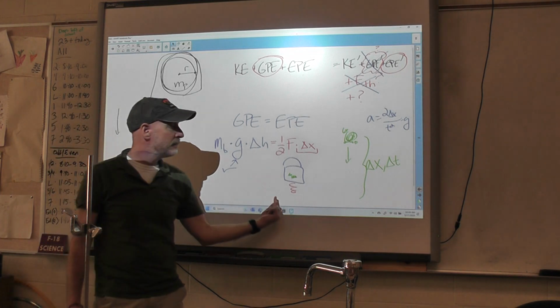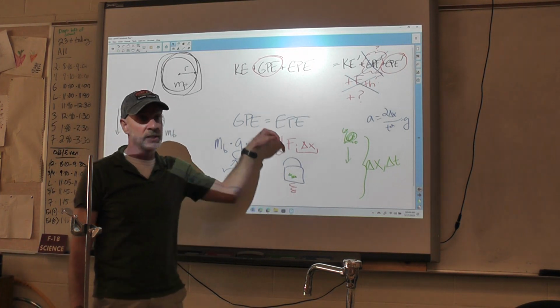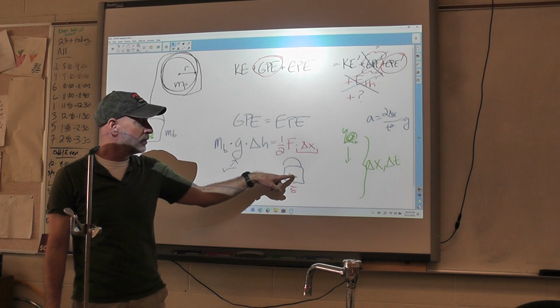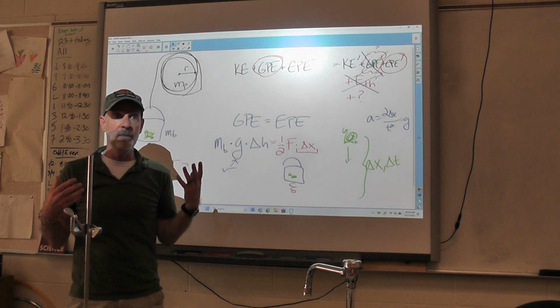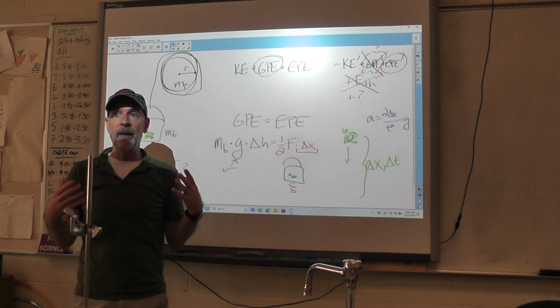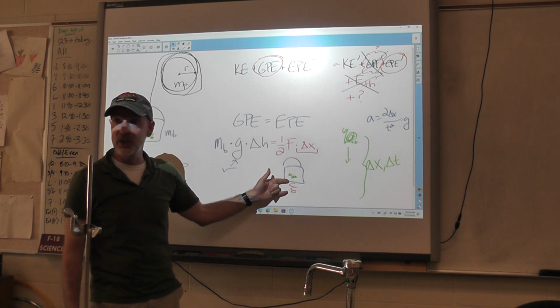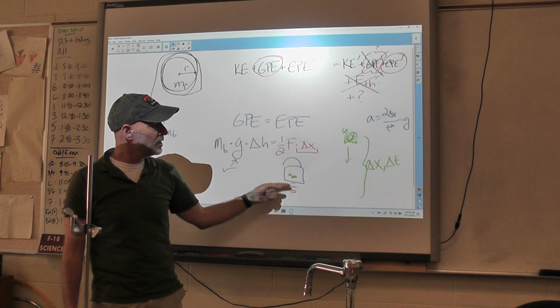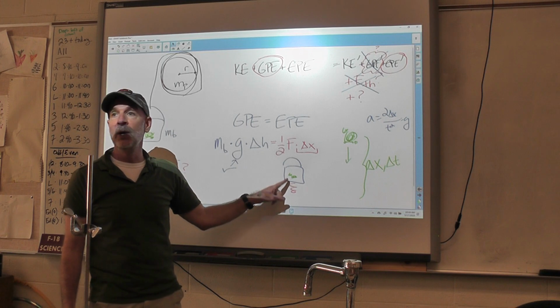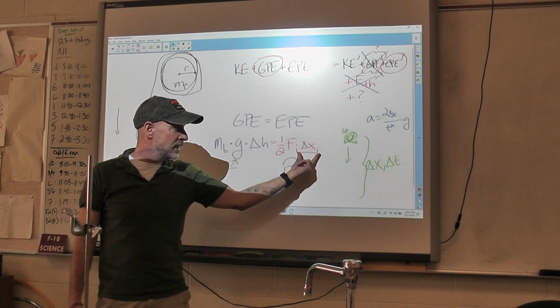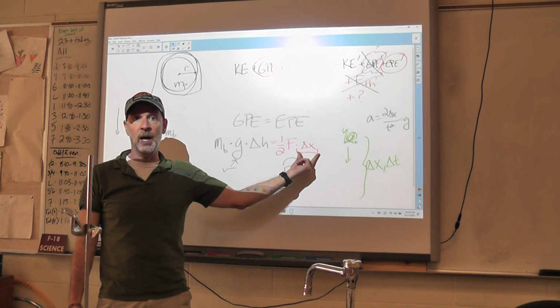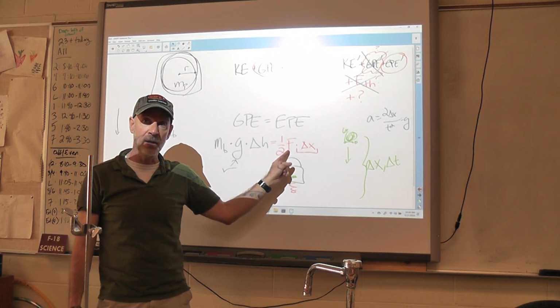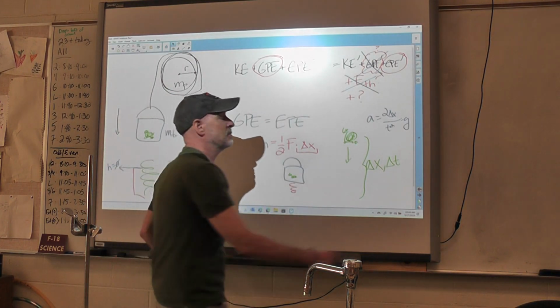At that point, the upward force from the spring and the downward force from gravity on the frog in the bucket are going to be equal and opposite. At that point, we can use the weight of the bucket and the frog in it to determine the upward force of the spring. We can use that in conjunction with the change in displacement to figure out how hard that spring is going to push at any displacement.